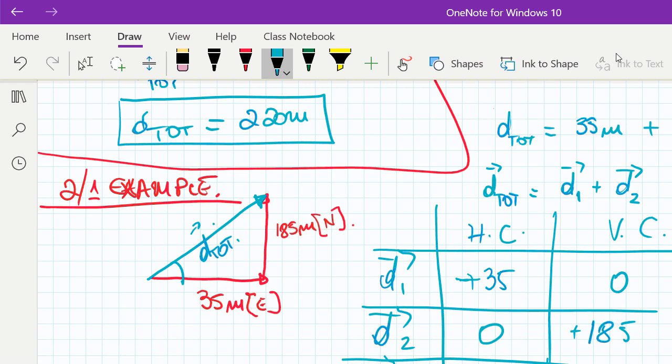And then the angle alpha will be inverse tangent of 185 over 35, which is 79.3, but it doesn't matter. So now the total displacement will be 188 meters at 79 degrees, and this will be north of east.